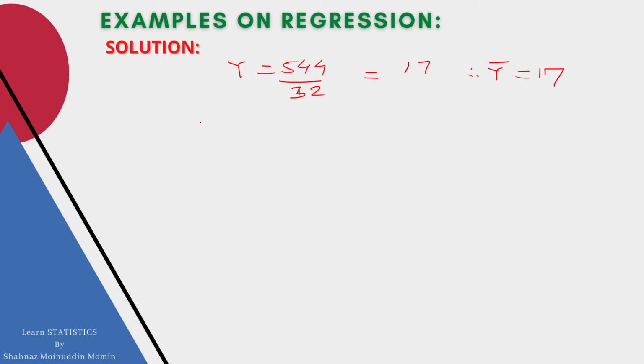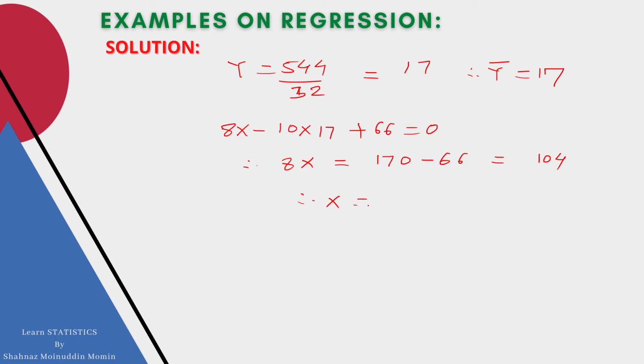We get 8x minus 10 into 17 plus 66 equal to 0. Therefore 8x is equal to 170 minus 66, which is equal to 104.